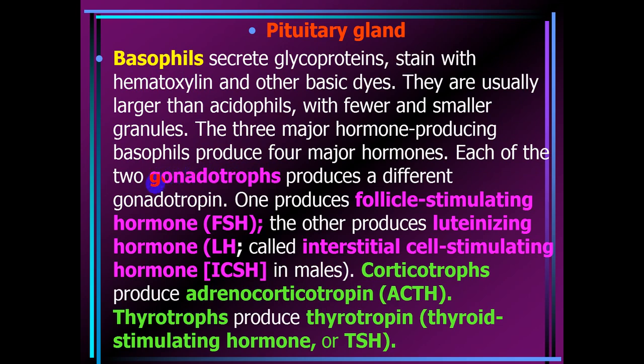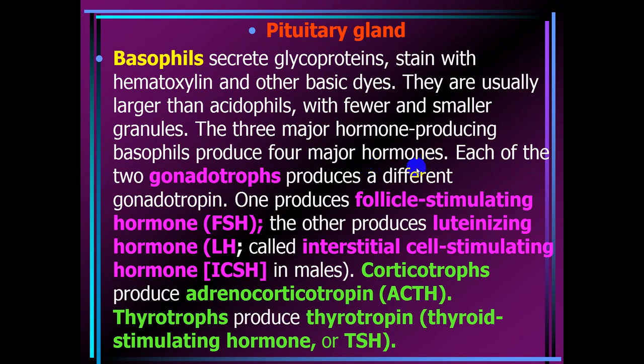First, it is gonadotrophs. Gonadotrophs produce gonadotropin, but this gonadotropin may be different. With the sex cycle, the menstrual cycle, gonadotrophs produce different hormones according to the sex cycle.